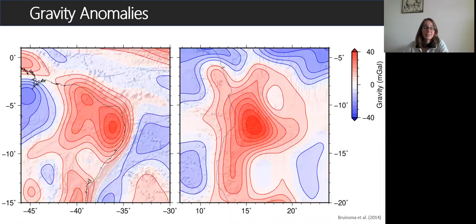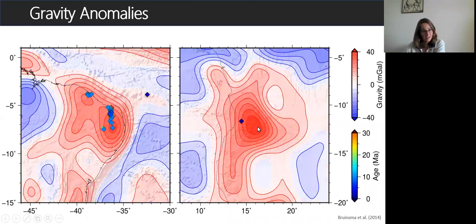And if you look at long wave gravity anomalies, there you go, big positive anomalies right under these topographic domes. And in both cases, we also get some volcanic activity that coincides with the positive gravity anomalies and the high elevations.